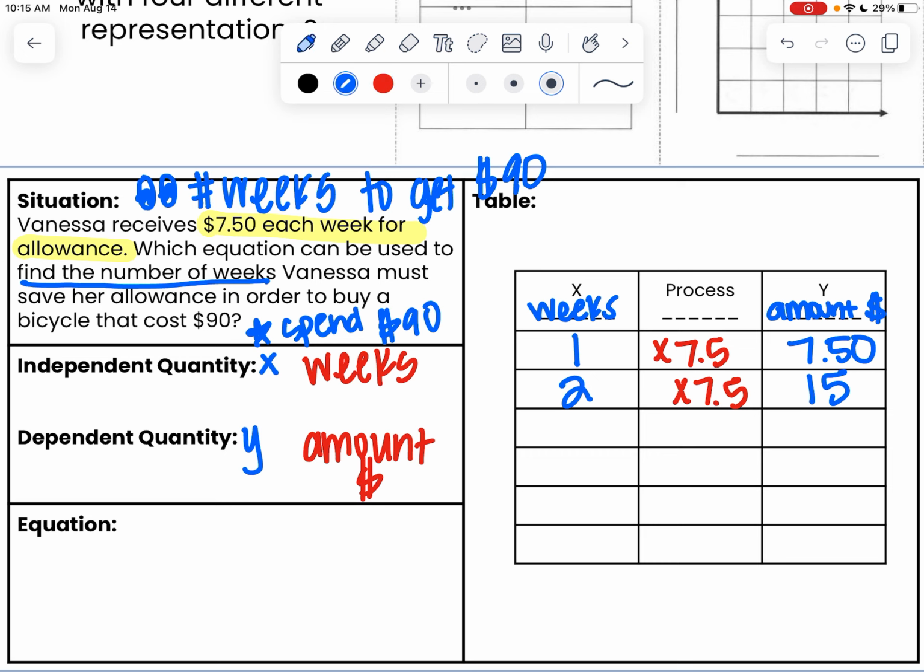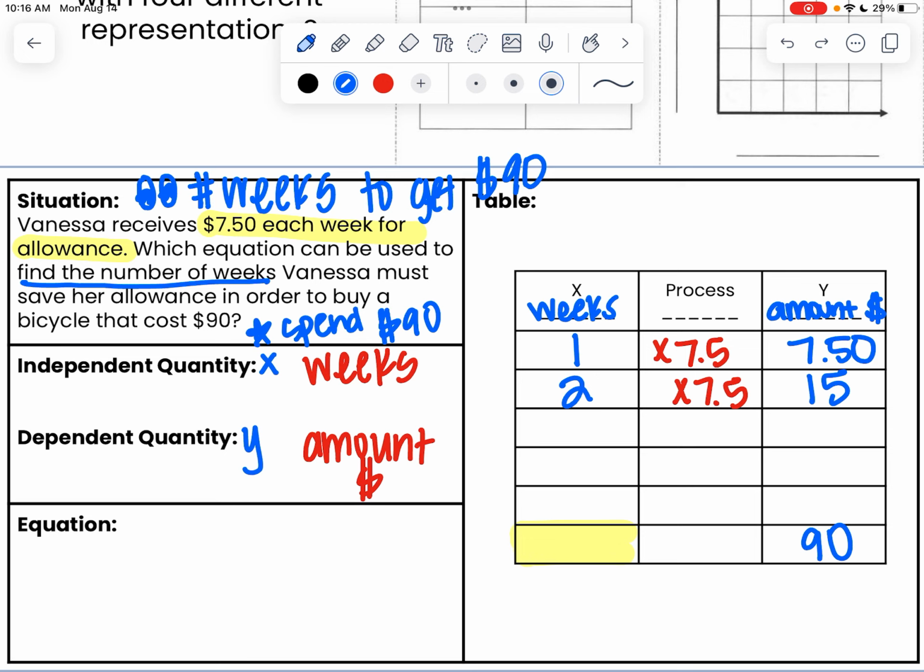But I want to get to 90. I want to know how many weeks does it take me to get to $90. So I see if 2 weeks I know is $15, then 3 weeks would be $7.50 more than that.